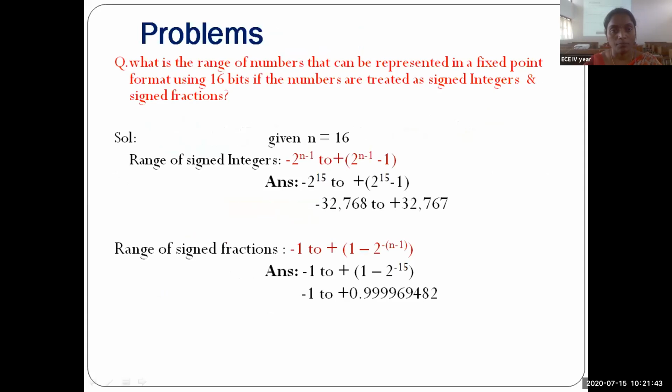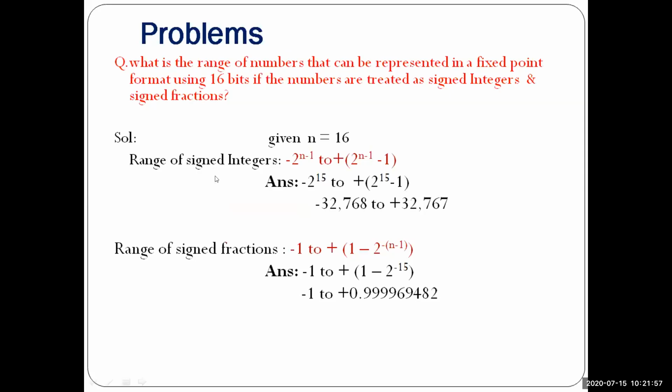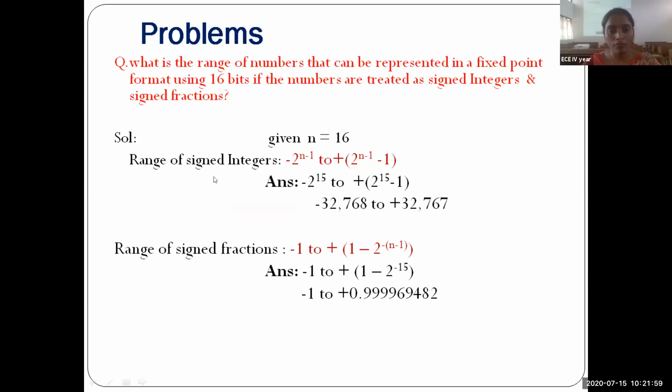Answer this question. What is the range of numbers that can be represented in a fixed point format using 16 bits if the numbers are treated as signed integers and signed fractions? n is 16. For the range of signed numbers, we already know the formula, so substitute n equal to 16.